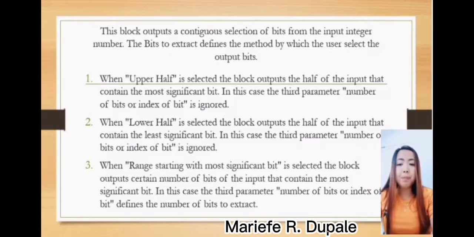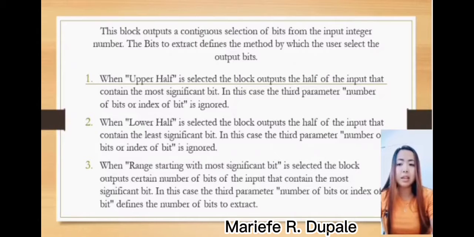1. When Upper half is selected, the block outputs the half of the input that contains the most significant bit. In this case, the third parameter, Number of bits or Index of bits, is ignored. 2. When Lower half is selected, the block outputs that half of the input that contains the least significant bit.